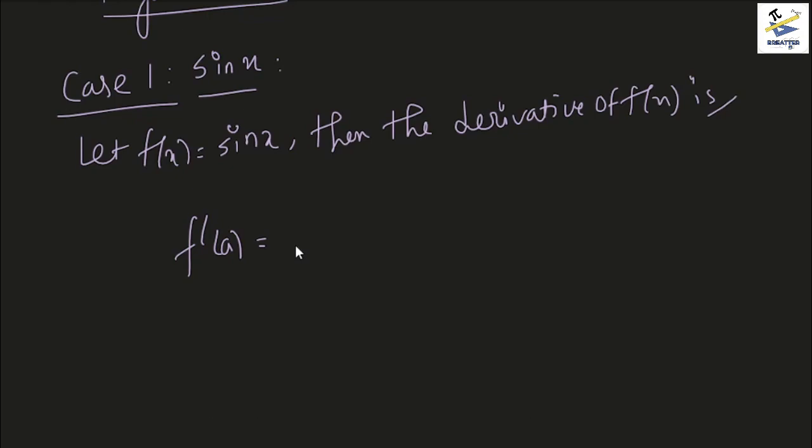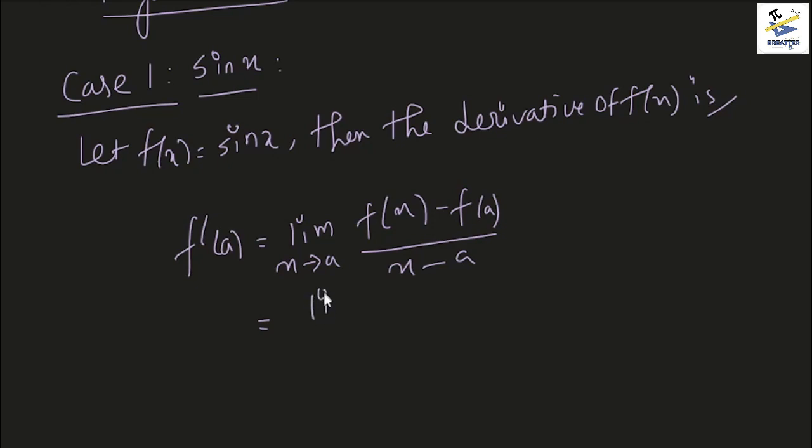So here, as you can see, the question asks us for f of x equals to sine of x. So the limiting definition would be limit x tends to a f of x minus f of a by x minus a, right? Another definition for the limit is what I am going to write now, the definition we are going to use while solving the problems. This is limit h tends to 0 f of a plus h minus f of a divided by h.